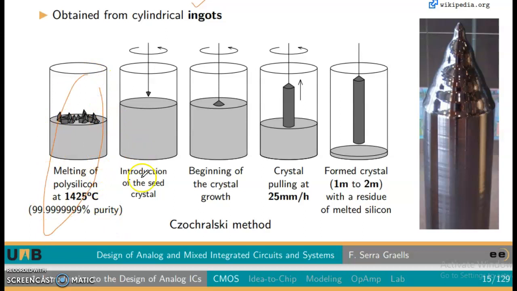Introduction of the seed crystal. Beginning of the crystal growth. Crystal pulling at 25 mm per hour. Formed crystal 1 meter to 2 meters with a residue of melted silicon. This is the Czochralski method.